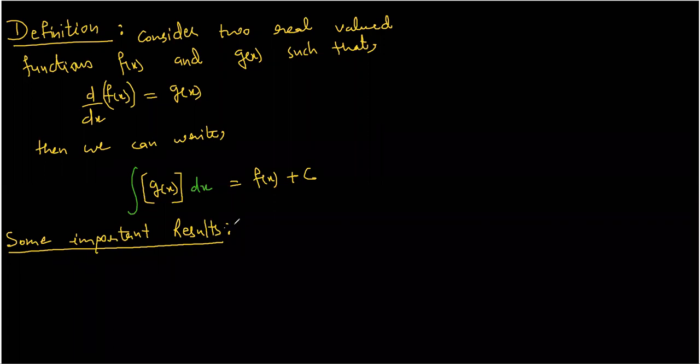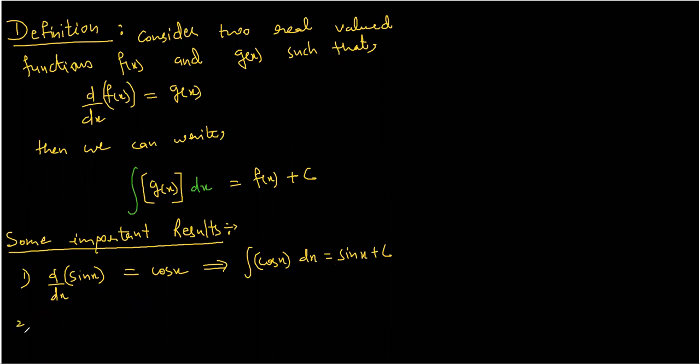So let's go ahead. The first one is d by dx of sin x equals to cos x. This implies integral cos x dx equals to sin x plus c. Integral cos x dx is sin x plus c.